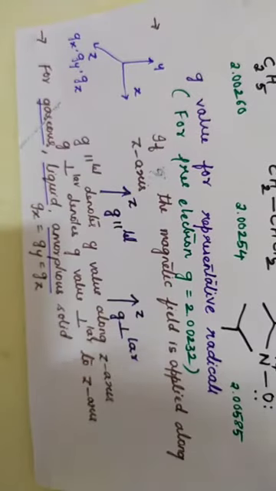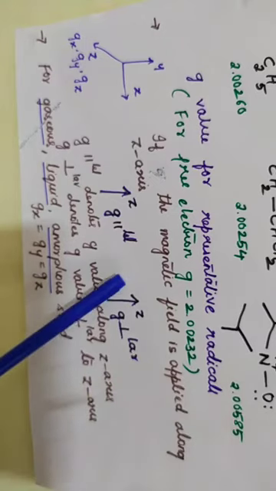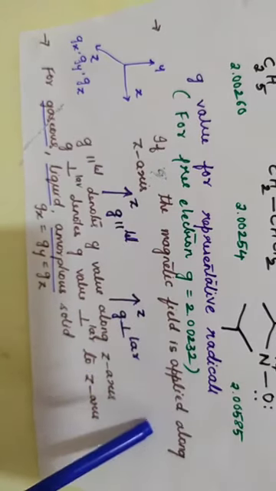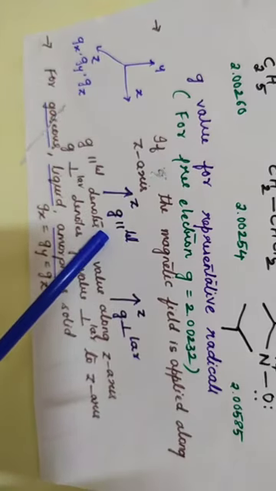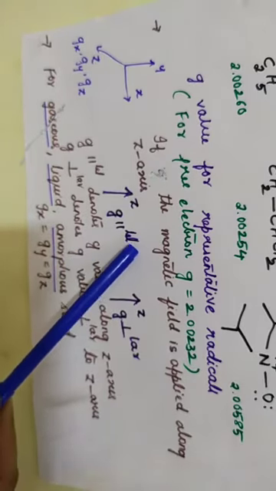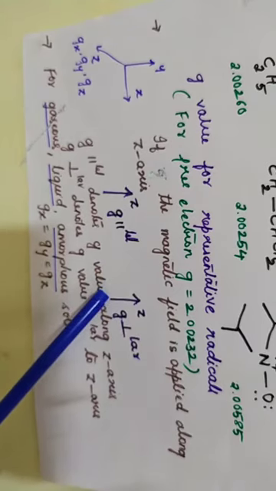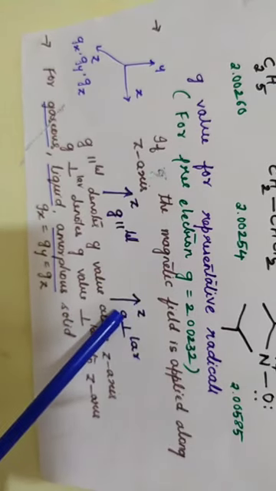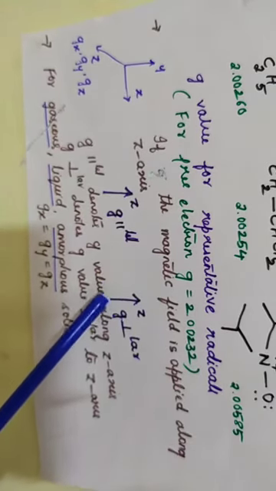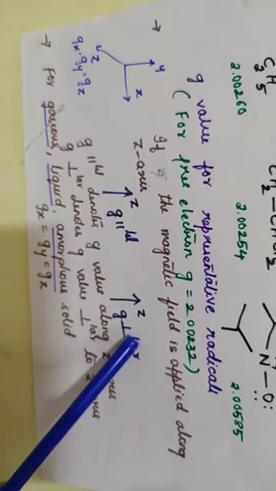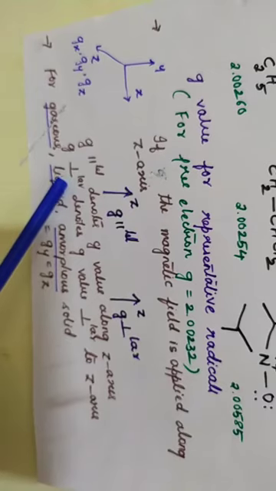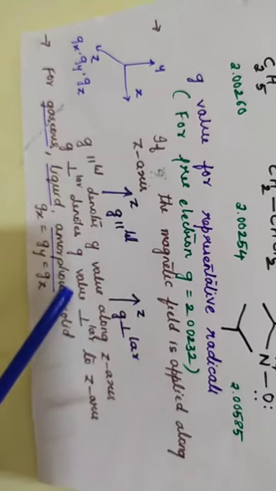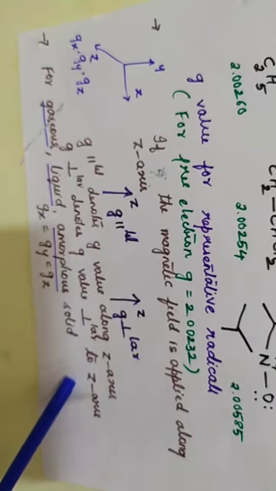So another important point regarding the G value is, if the magnetic field is applied along the z-axis, then G is parallel. If the applied magnetic field is perpendicular to the z-axis, then the G value is also perpendicular, and it denotes that G value is perpendicular to the z-axis.